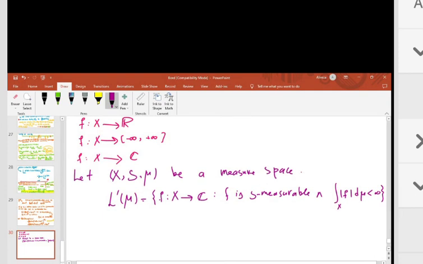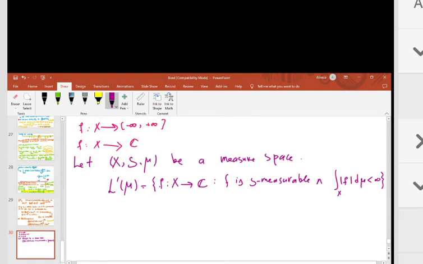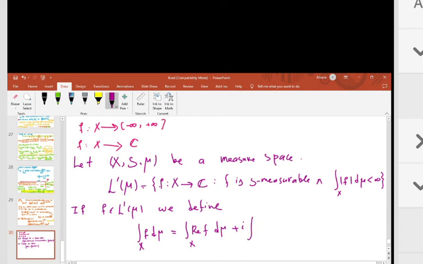Now, if f belongs to L1 of mu, we define the integral of f d mu on x equal to the integral of the real part of f d mu plus i multiplied by the integral of the imaginary part of f d mu.